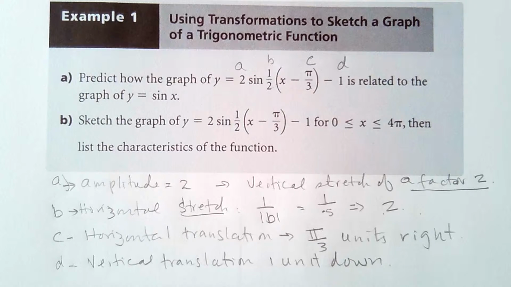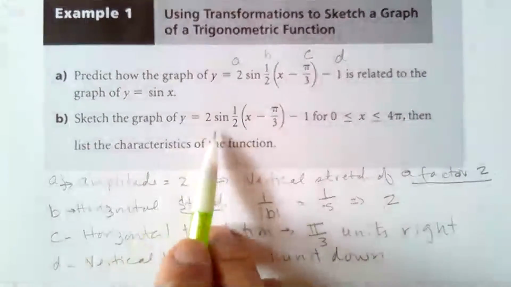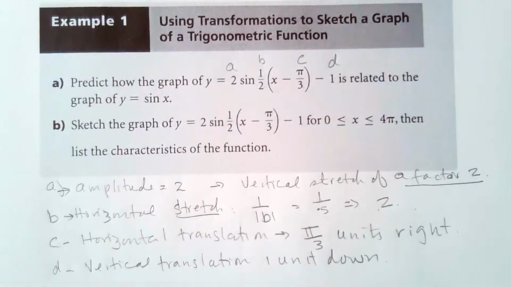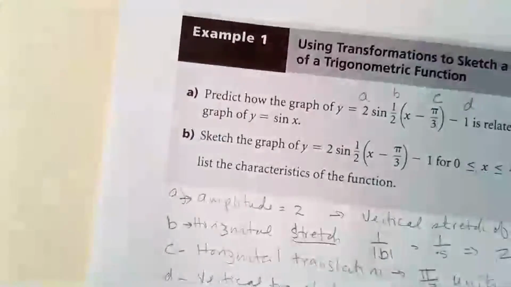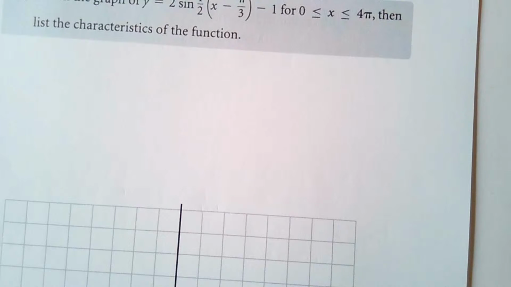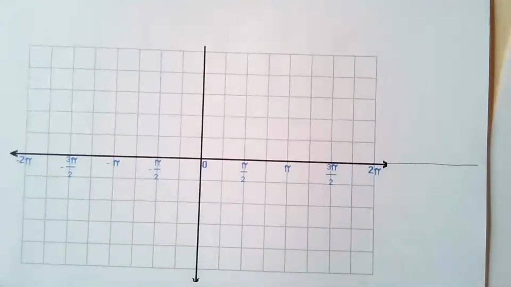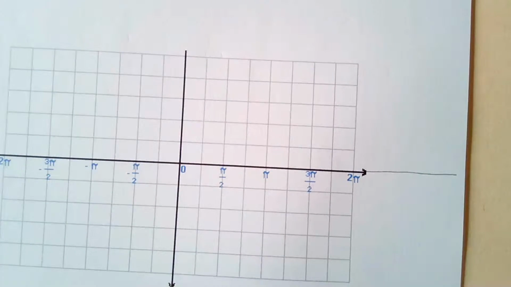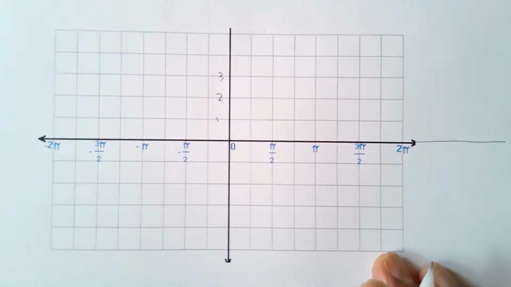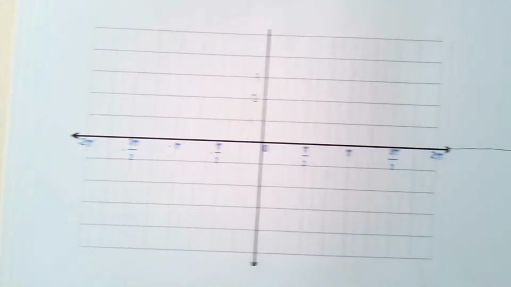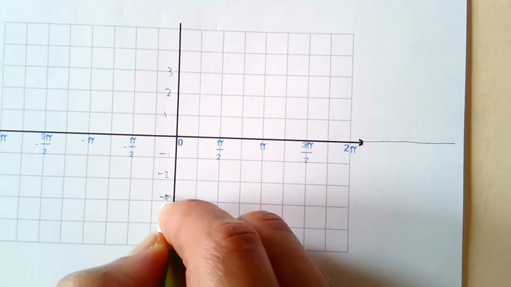Okay, now let's sketch that graph. The next part, sketch a graph. And now we want to go between 0 and 4 pi. I should have extended this. So I have 1, 2, 3, -1, -2, -3.